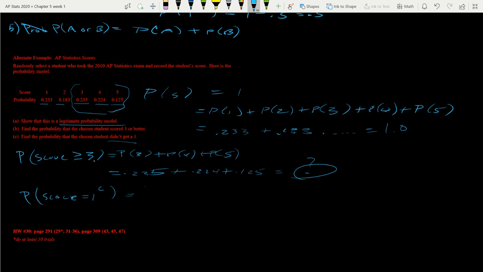So we're going to say the probability equals 1 minus the probability of 1. You could take and add up the probabilities of 2 through 5.